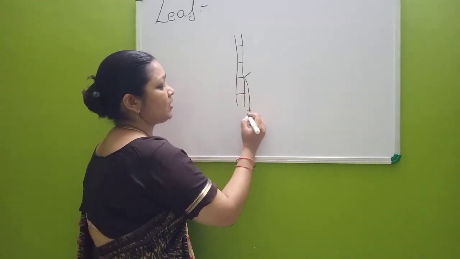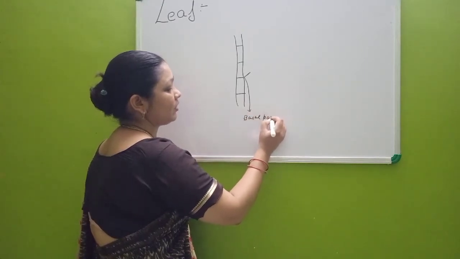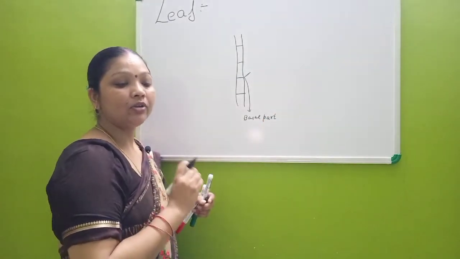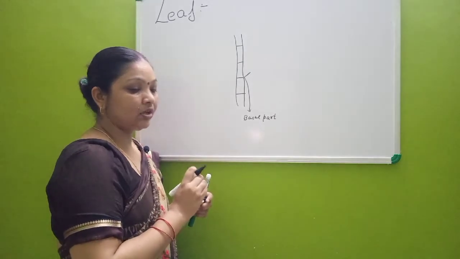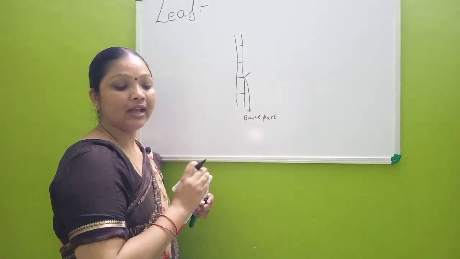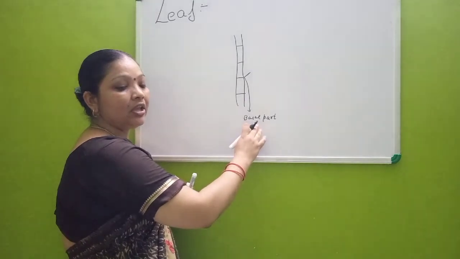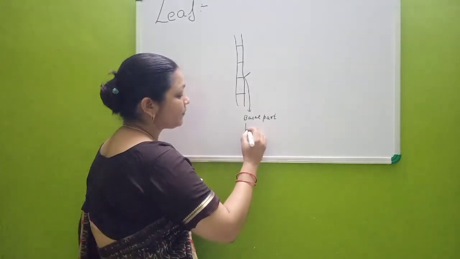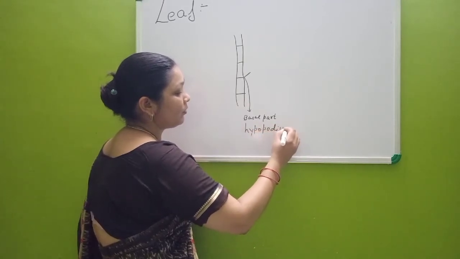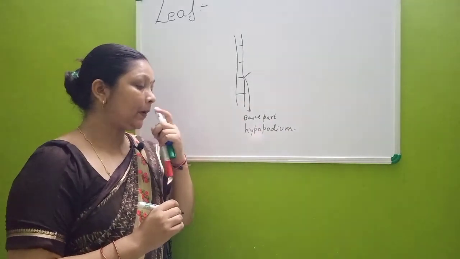This is called the basal part of the leaf, and it is attached to the stem, or you can say it attaches with the node. Technically this basal part is termed as hypopodium.